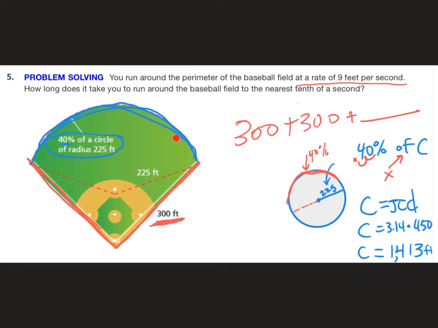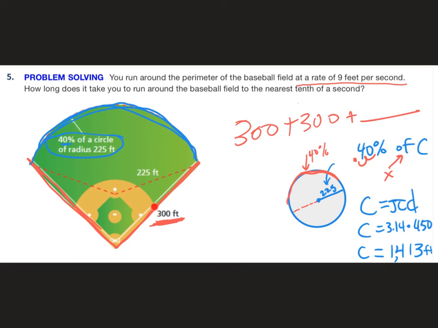So this plus this plus this, and you have to think of it as, okay, so if it's 9 feet per second, so this right here is 300, so 9 feet, right? 1 second. 2 seconds, another 9 feet. 3 seconds, another 9 feet. 4 seconds, another 9 feet, all the way until we get to 300, right?